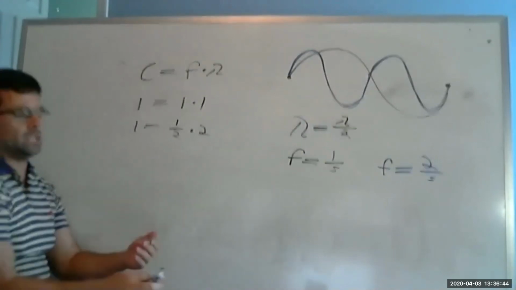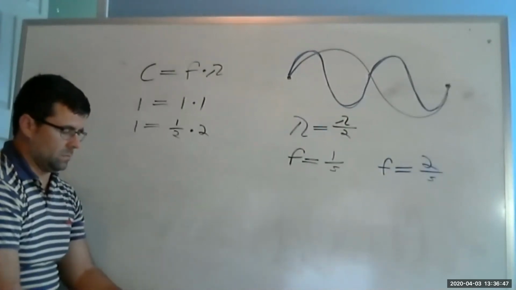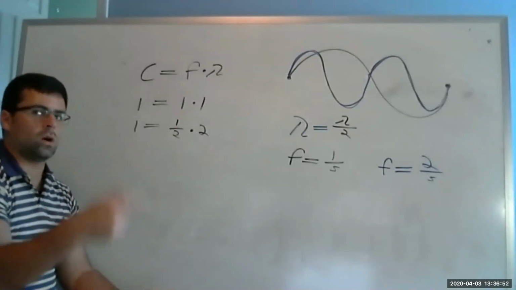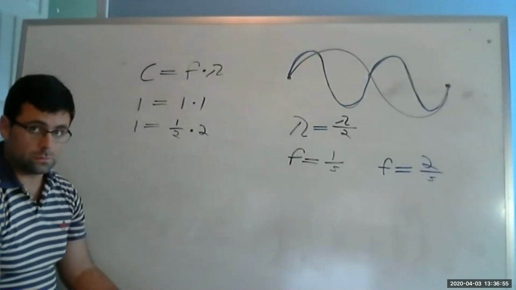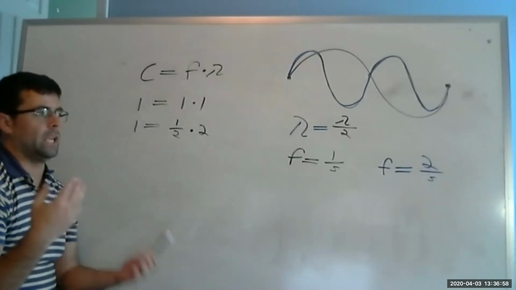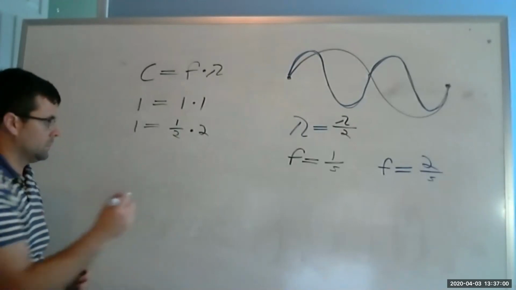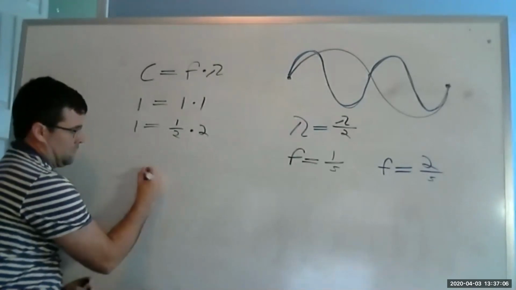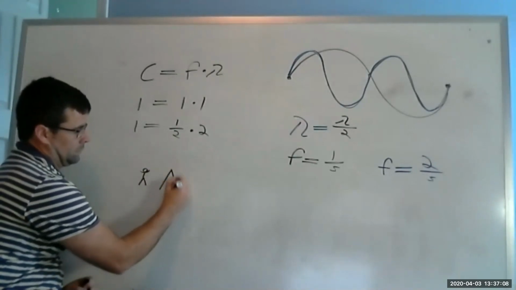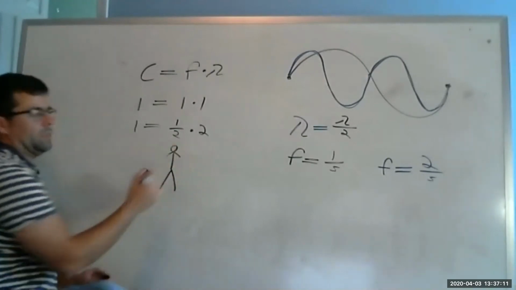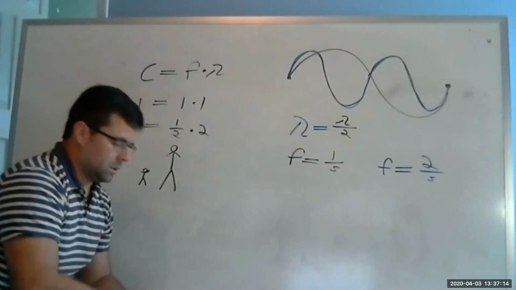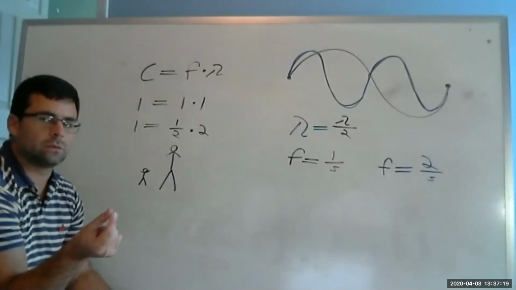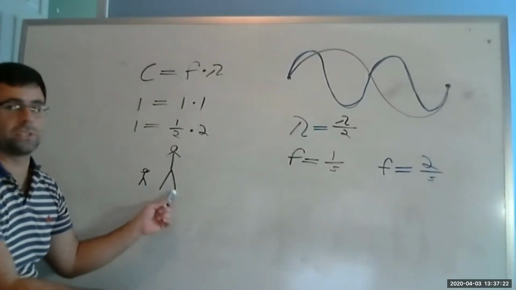Maybe a good way to think about it is short people walking with tall people. So if a short person and a tall person are walking down the street, the short person has smaller steps, right? And the big person has a big step.